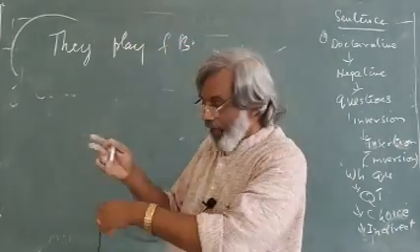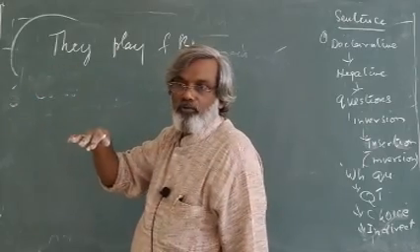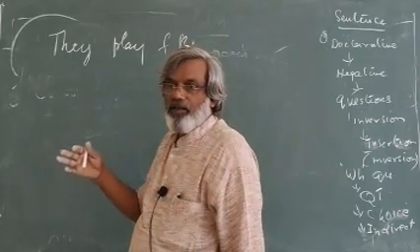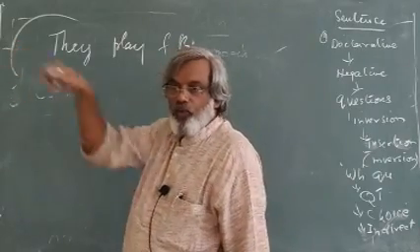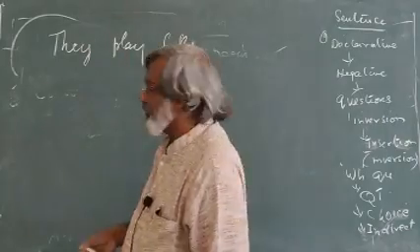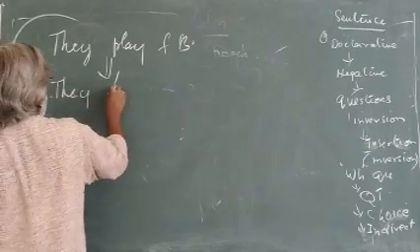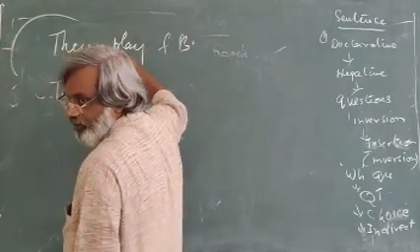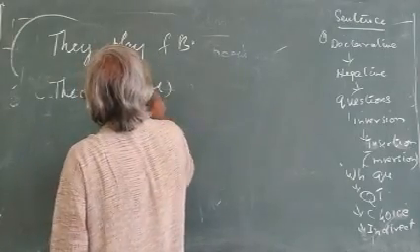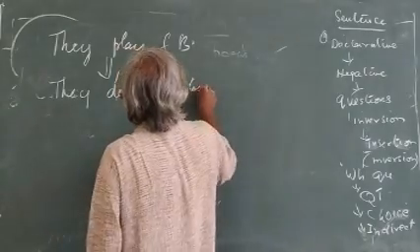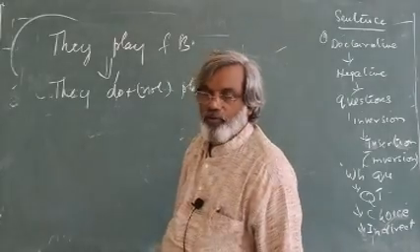We can insert one primary auxiliary, preferably do. This is written by communicative English grammarians like Geoffrey Leech. You fetch do as a primary auxiliary and put it inside. Then the step will be: they do not play football, you get.